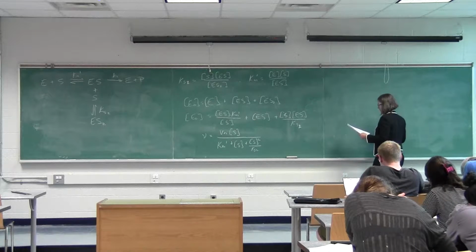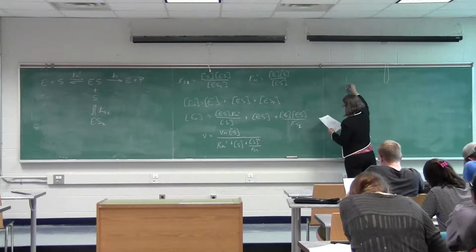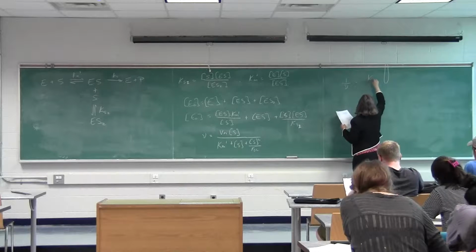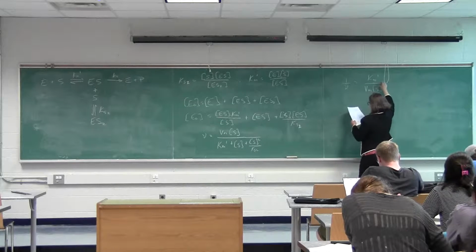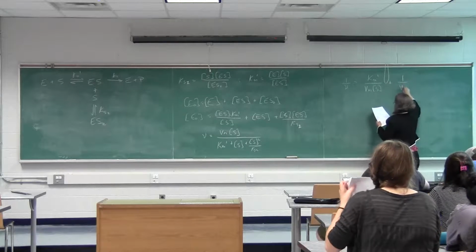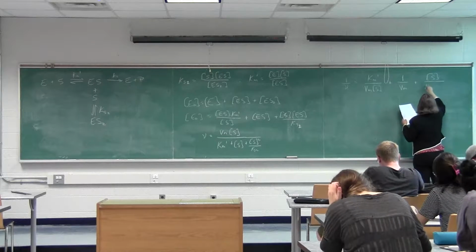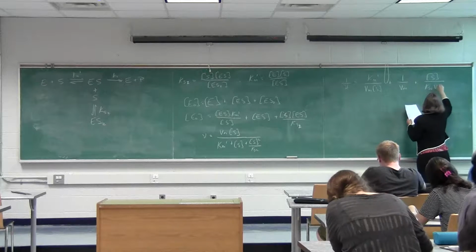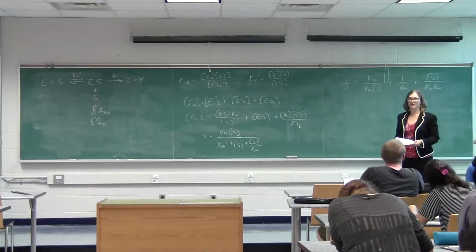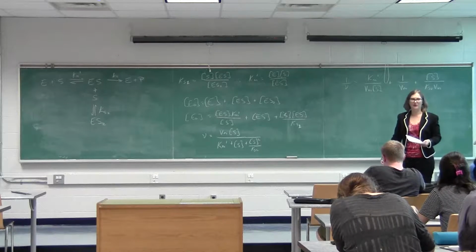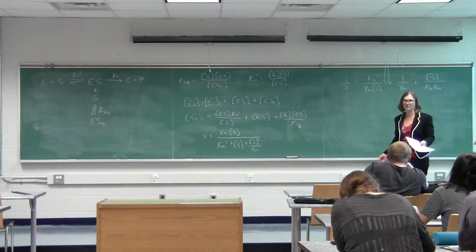Now, I'm going to take you one step further through this and just say, if we take the inverse of both sides, we get... Now, the reason I did that is because I want you to think about what happens if we have low substrate concentrations or high substrate concentrations.